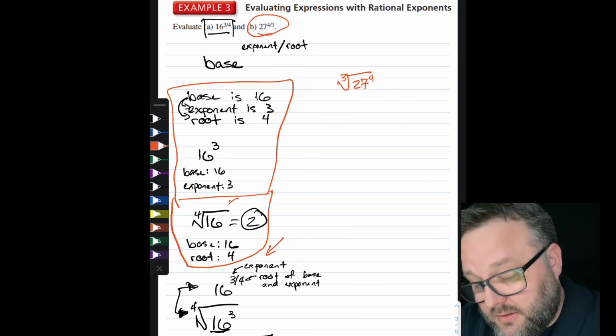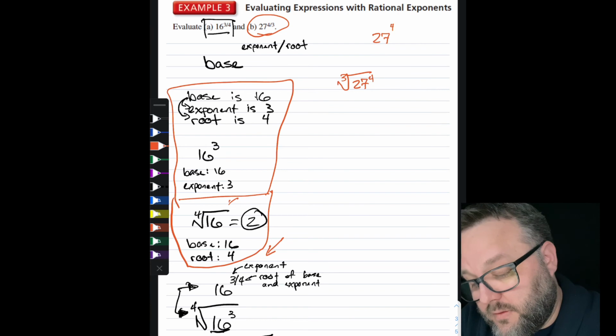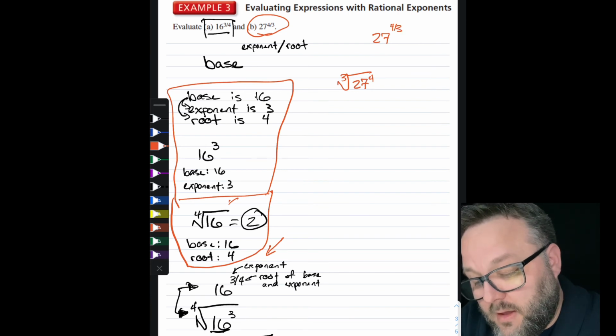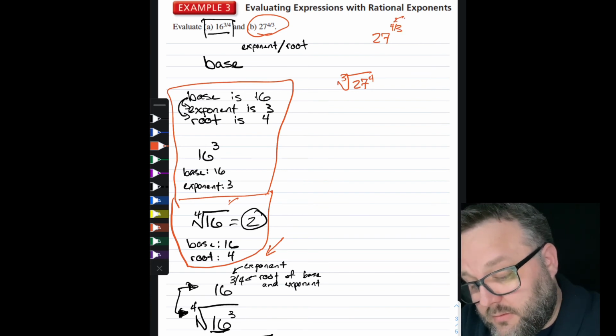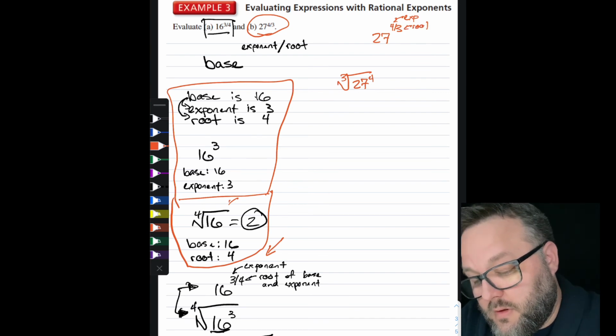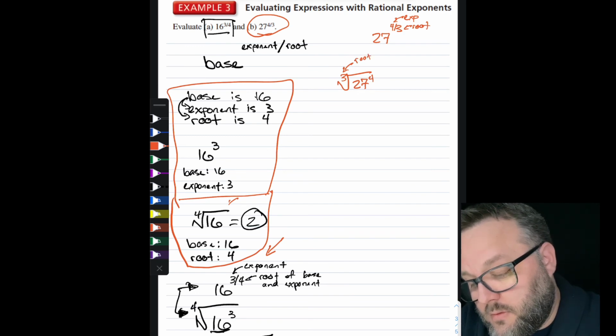And that's because we had 27 to the 4/3. So this is my exponent. This is my root. And this is my exponent.